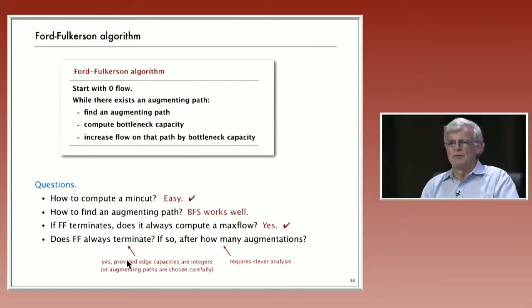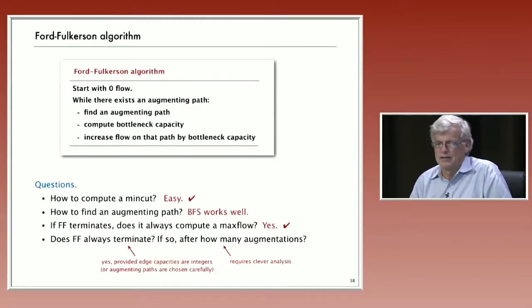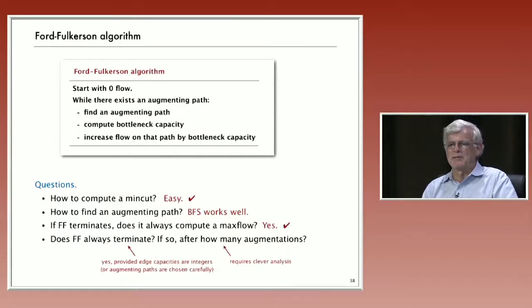Well, it's a little more work to show that it does always terminate. For simplicity, we assume that edge capacities are integers, or there's other things that can be done with a choice of augmenting paths, and maybe we'll come back to that.